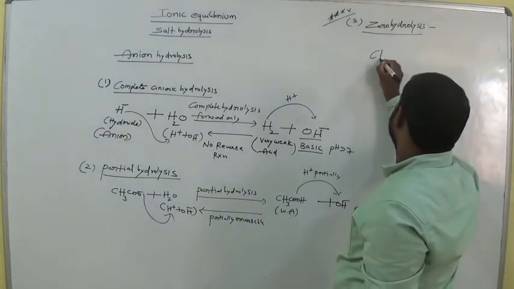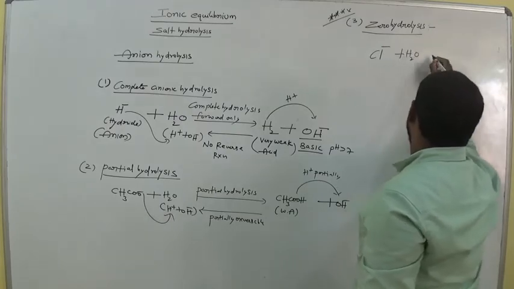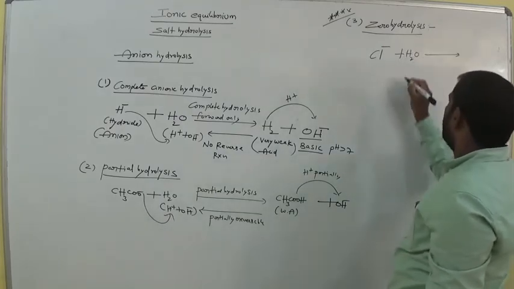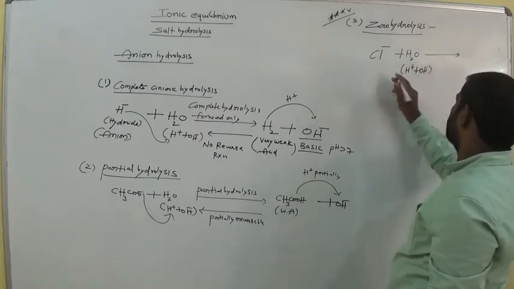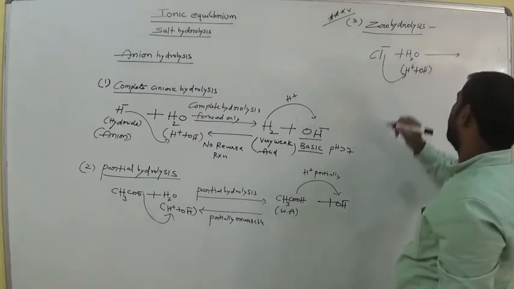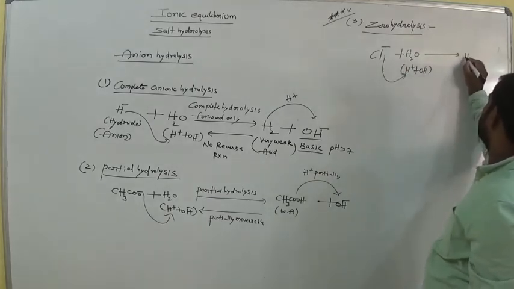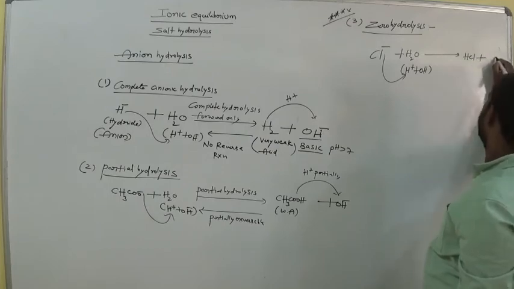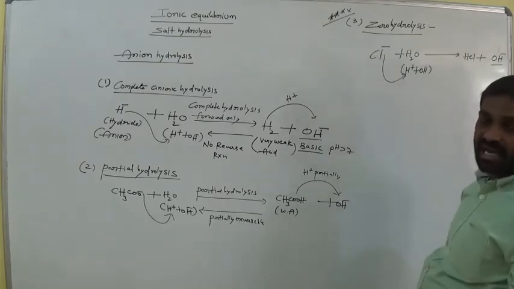So let us assume Cl minus, chloride ion, treated with H2O. What are the ions present here? H plus and OH minus. This is negative towards positive, am I right? Now what does it give? H plus and Cl minus give HCl, am I right? Now the remaining one is OH minus, am I right? So excess OH minus are produced or not?